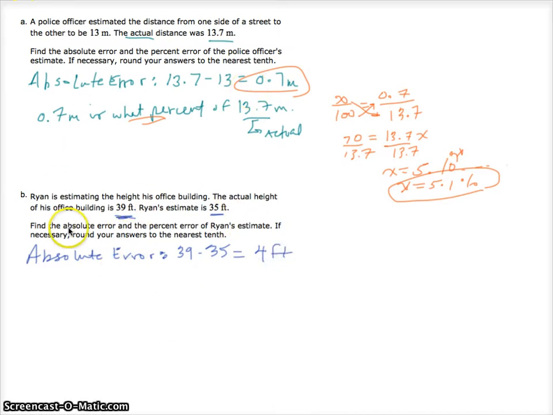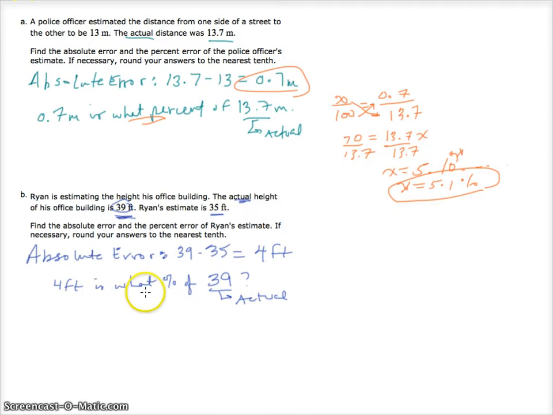Now we need to find the error. So to find the error, we need to say that 4 feet is what percent of the actual value. Actual height is 39 feet. Remember that this is the actual value.